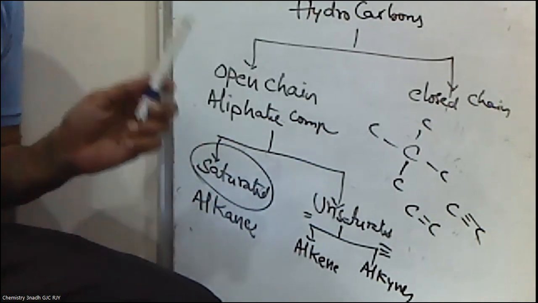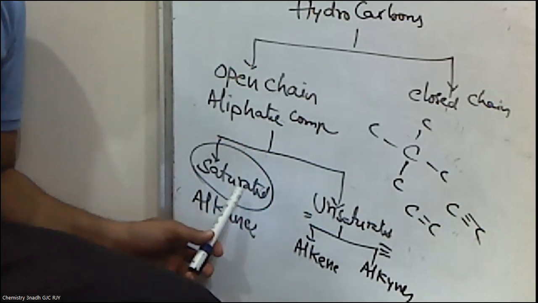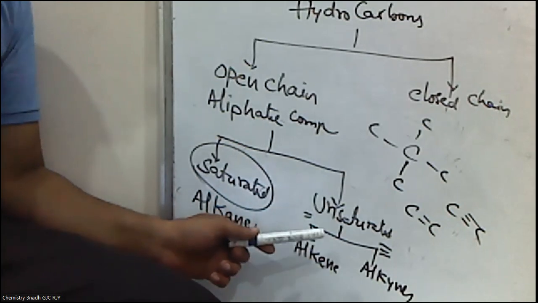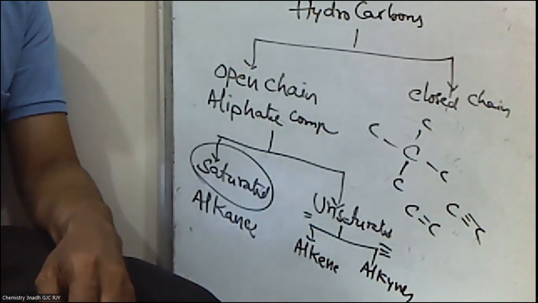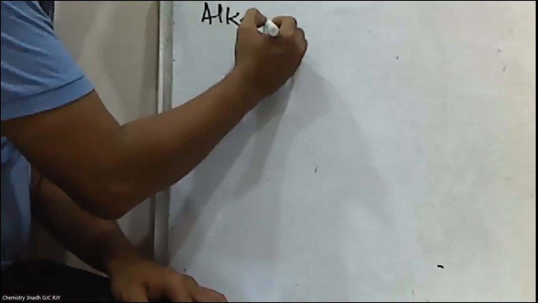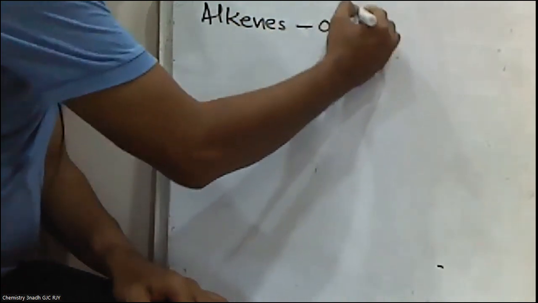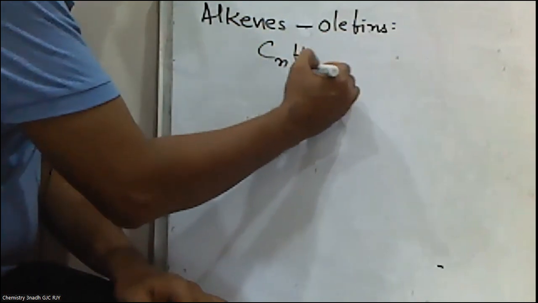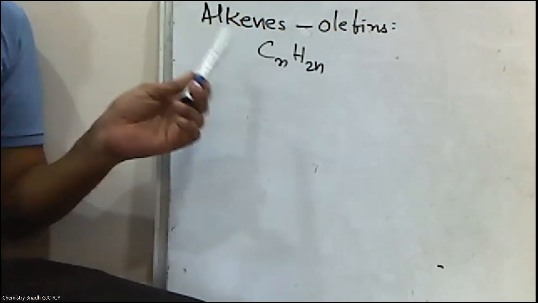In my first video, I discussed the various preparation methods of the alkenes. In this video, I am going to discuss the preparation of alkenes. Alkenes are also called olefins, and these have the general formula CnH2n.